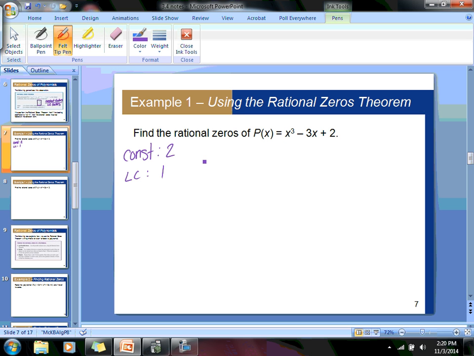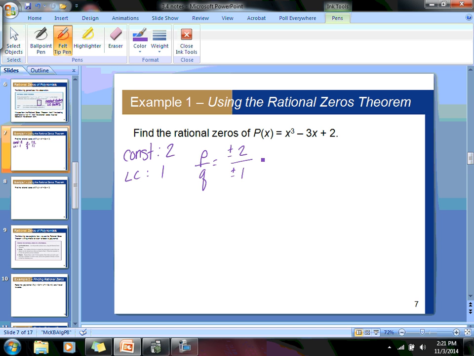Okay, so my P over Q would be plus or minus 2 over plus or minus 1. Now I want to consider all the positives and all the negatives, so that's why we put that plus or minus in there. Because you could have a negative divided by a negative that gets you a positive value, as well as a positive divided by a positive that gets you that positive value.